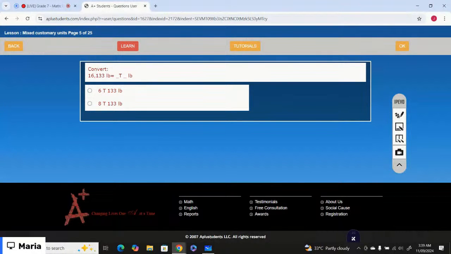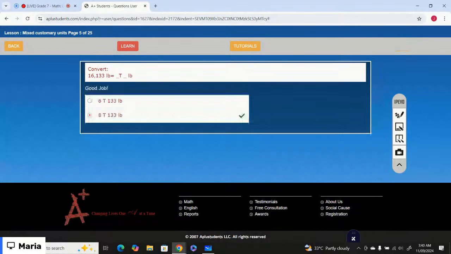Which is the correct option? That is thousands. Is option number 2 the correct option, right? 8 tons, because 1 ton equals 2,000 pounds, right? So option number 2 is the correct option. That is 8 tons, 133 pounds.